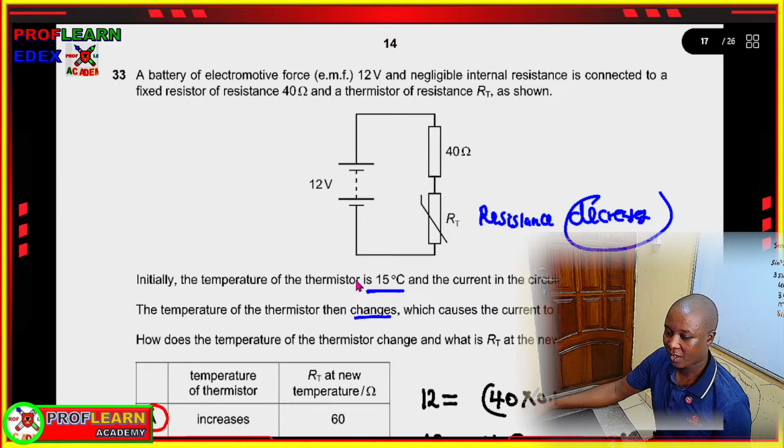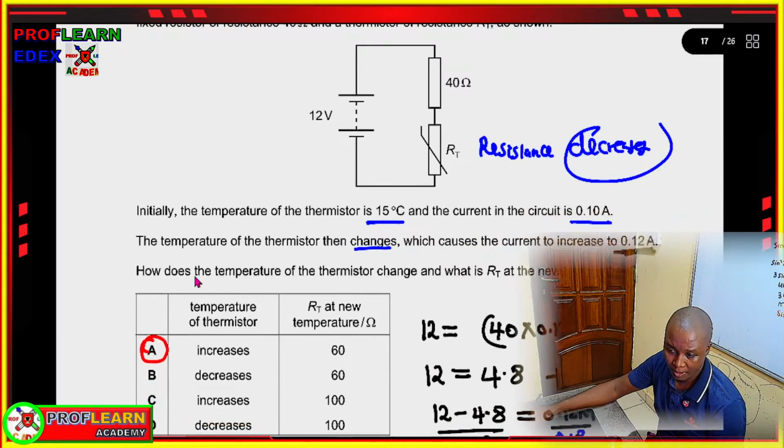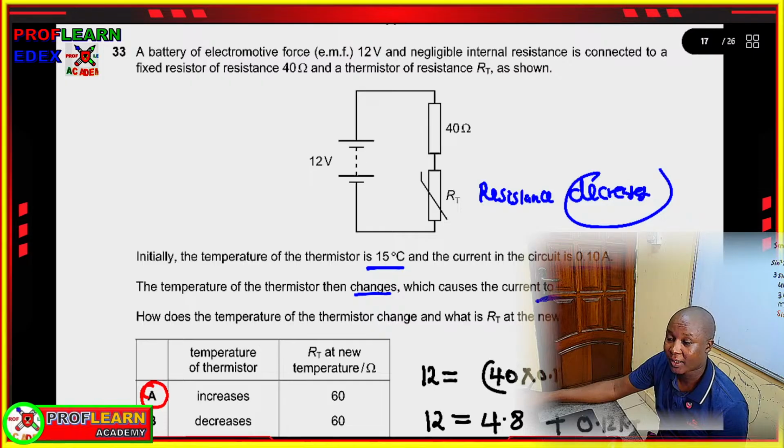Initially, the temperature of the thermistor is 15 degrees Celsius, and the current in the circuit is 0.1 ampere. The temperature of the thermistor changes, which causes the current to increase. What will cause current to increase is a decrease in resistance. So if resistance decreases, current will increase. And what will cause the resistance of a thermistor to decrease is an increase in temperature.